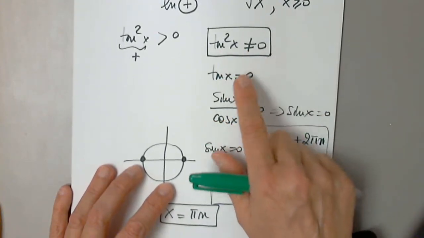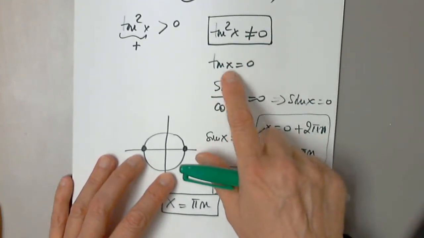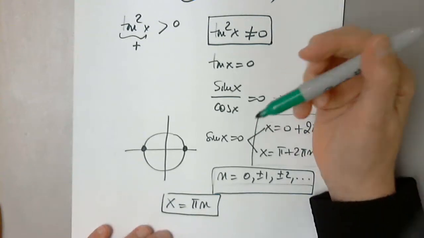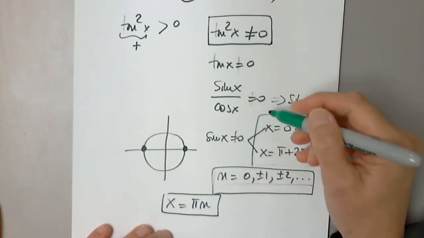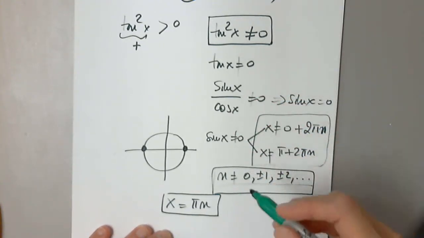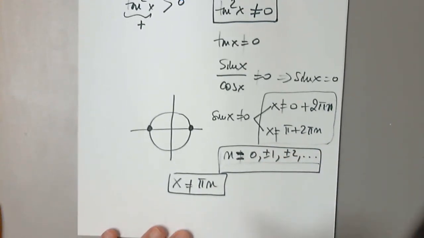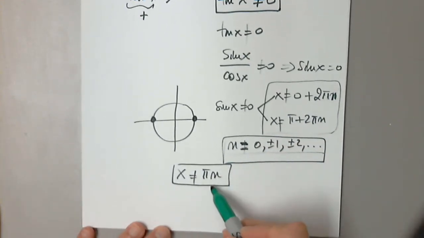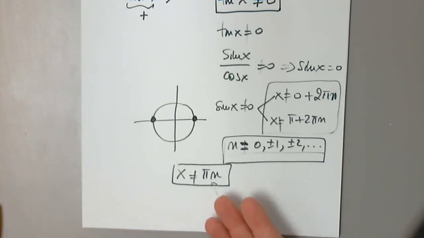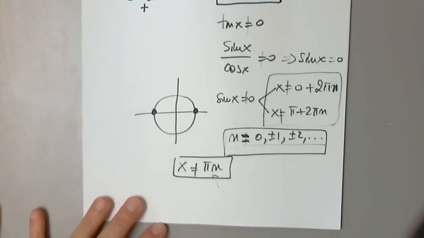So tangent squared equals 0 means tangent equals 0. Of course, these are all not equal to, because we're talking about restrictions here. So at these x values, the function is discontinuous. For sure, it has an infinite discontinuity.